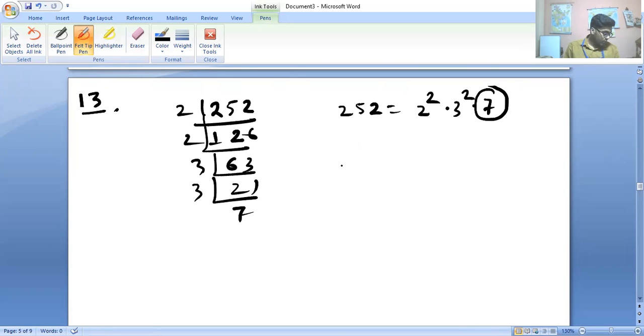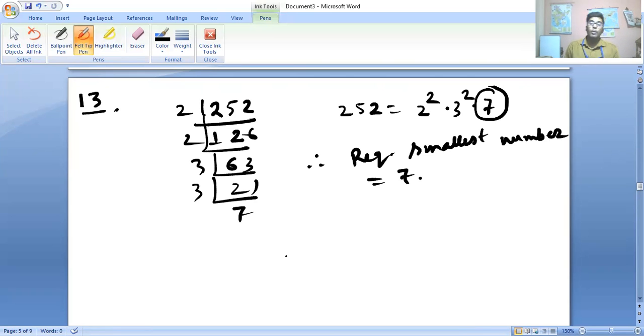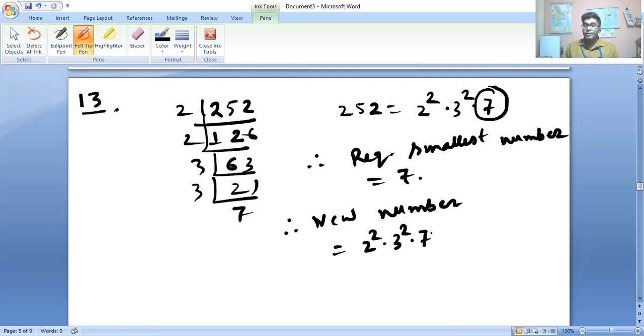So what will you write? Therefore, the required smallest number is equal to 7. Further, also find the square root of the perfect square so obtained. Therefore, the new number: 2 square into 3 square into 7 is already there, and we are multiplying it by 7.